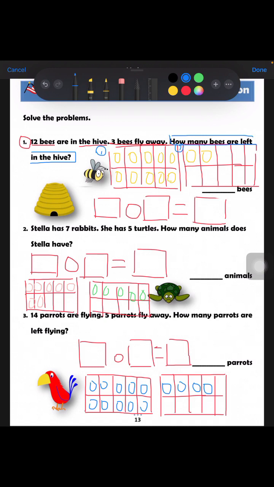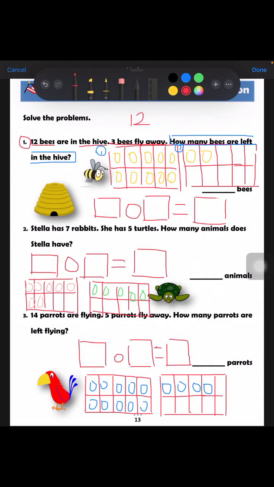In each frame set there are 10 frames, and inside each frame there is 1 circle. So 1 circle represents 1 bee. Now how many circles are there? Yes, there are 12 circles in total.